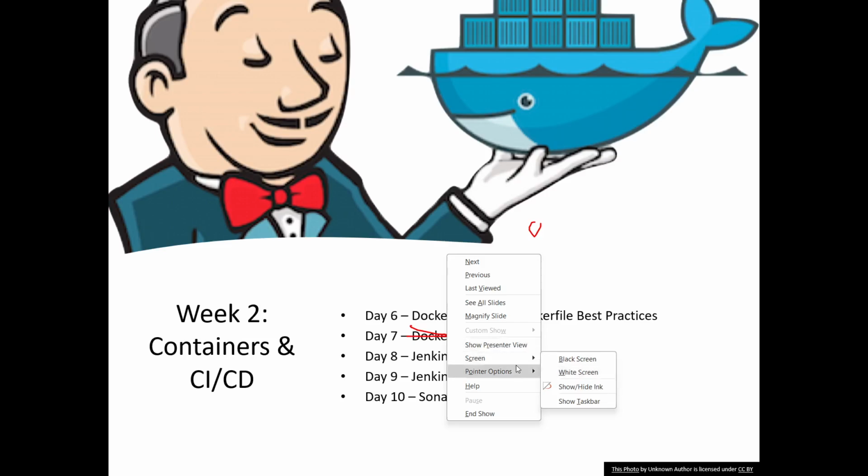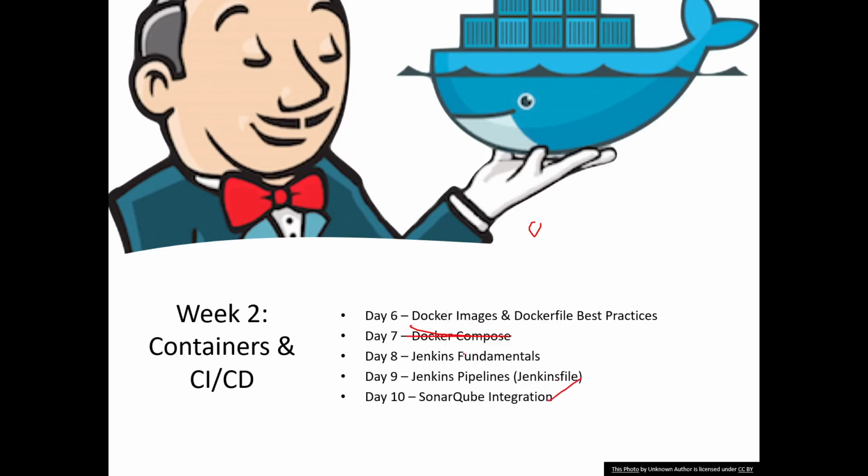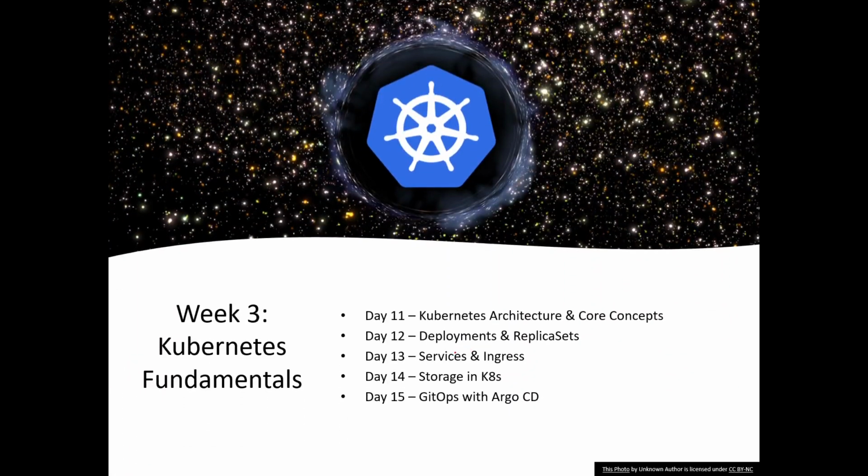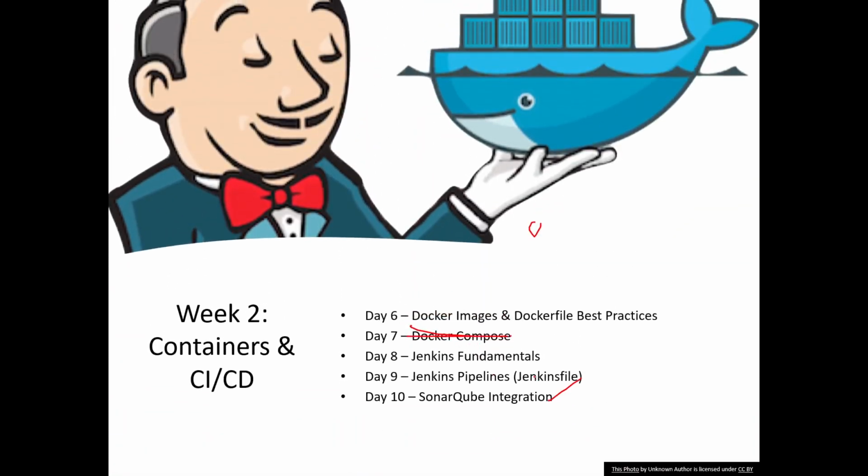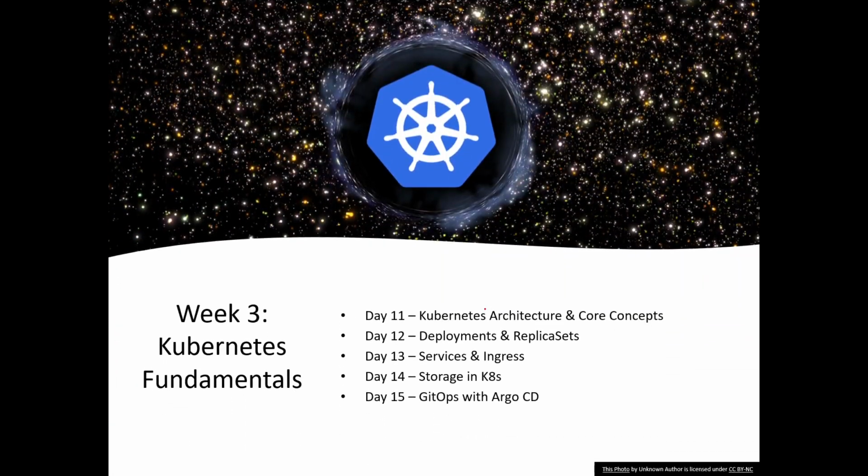Any doubts up to now? No, sir. Okay, Satish. So then Kubernetes. Kubernetes is one of the core concepts for a DevOps engineer. I mentioned only a few topics here, but I'm not going to cover only this. I want to go in depth into Kubernetes, because you can get familiar with any tool like Docker or Jenkins, but Kubernetes is a vast tool, and covering all those topics would be very difficult, so we'll try to cover most of the topics in Kubernetes.